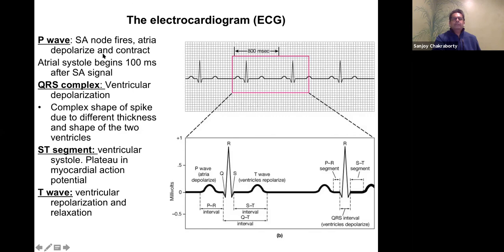So P wave is atria depolarized, QRS complex, ventricle depolarized, T wave, ventricle repolarized. Atrial repolarization we cannot see because it's masked by QRS complex. So this is ECG or EKG.